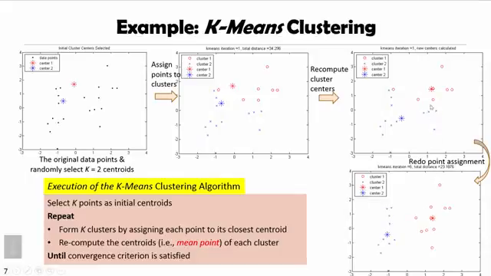In this case, you can see some of these blue points are assigned to the red ones, and this red one is assigned to the blue cluster. Then we calculate the centroids again. So this repeats until it becomes stable, or until the difference in assignment becomes really, really small.